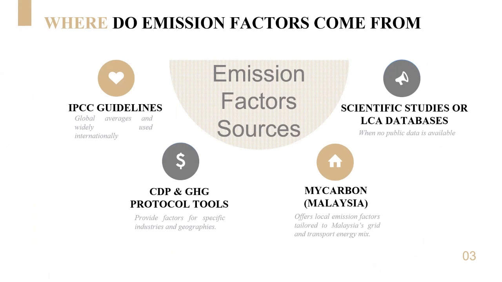CDP and GHG Protocol provide factors for specific industries and geographies. Scientific studies or LCA databases can be used when no public data is available. Always make sure to cite your source when using an emission factor, especially for reporting or audits.